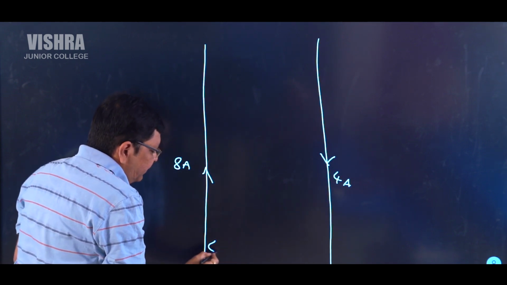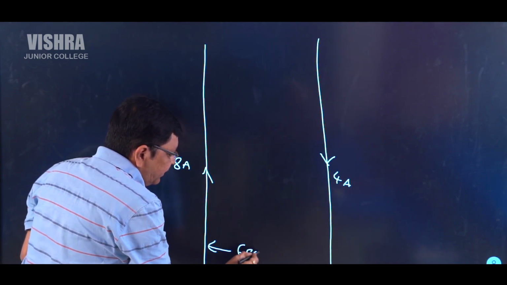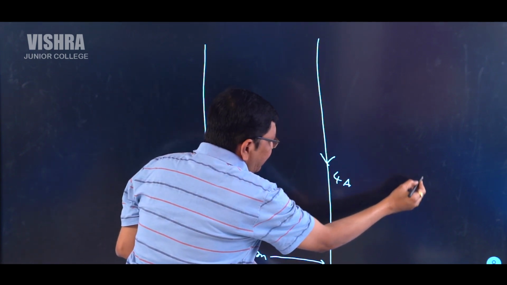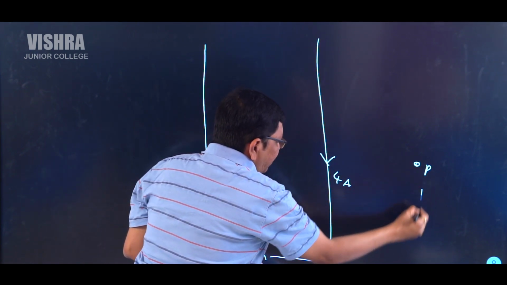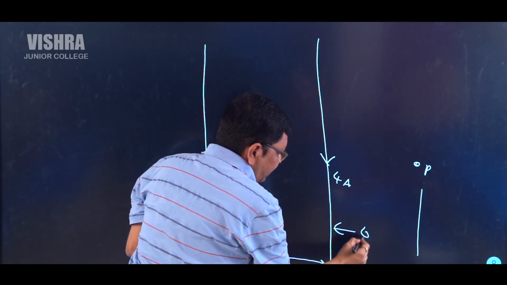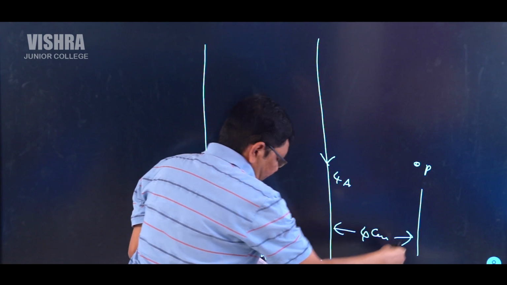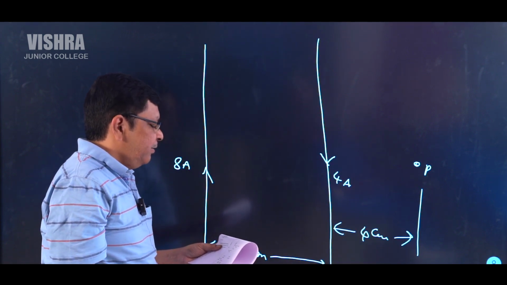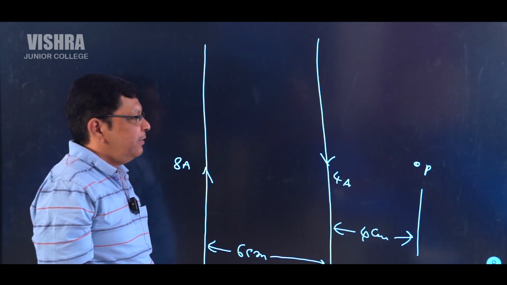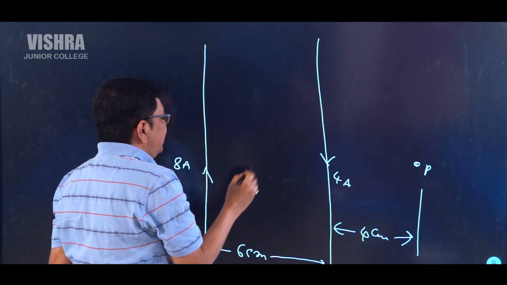The distance between these two wires is given as 6 centimeter, and there is a point P, and the distance from point P to the first wire is 4 centimeter.